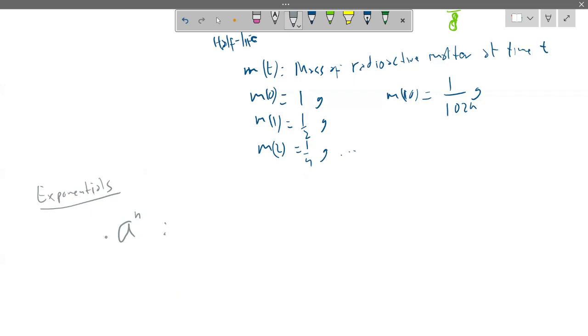And this is read a to the power of n. Notice how we read this. This number is called the base, while this number above it is called the power, or the exponent.